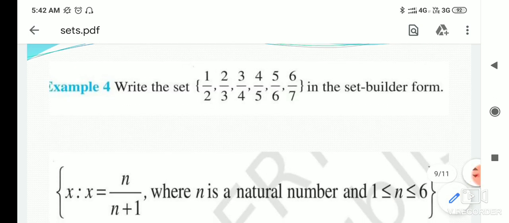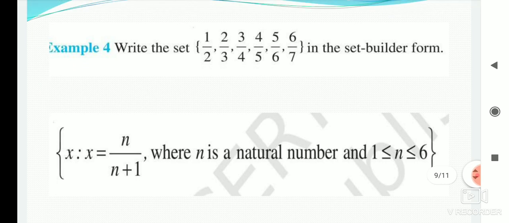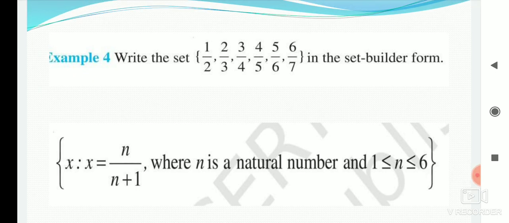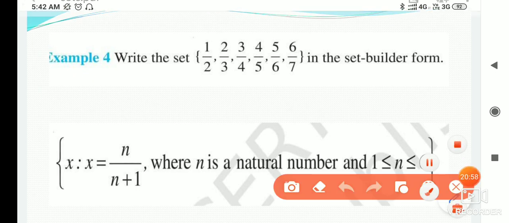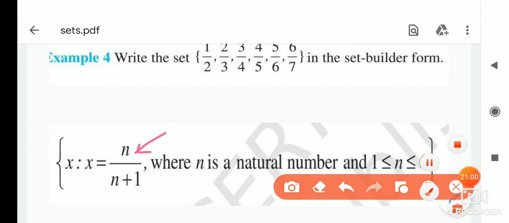So here, friends, you can observe that the denominator is greater than the numerator by 1. In each of these examples you can see the denominator is greater than the numerator by 1. So here we have assumed the letter n, which represents the numerator.